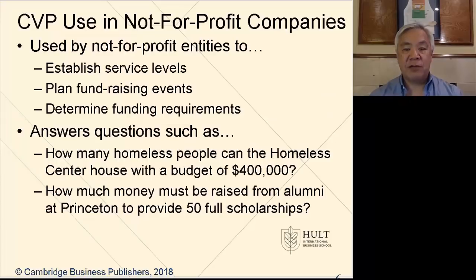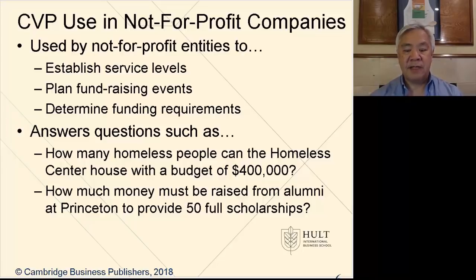As far as not-for-profit corporations, just because they're not making profit doesn't mean they don't care about the behavior of their costs and what generates an excess of revenues over costs or a deficit. It is used for specific things like service levels that you would do to serve your community or your target audience. Or if you're running a fundraising event, how many tickets do you have to sell to your gala in order to make it profitable? And third is estimate the funding requirements to support an operation for a given period of time.